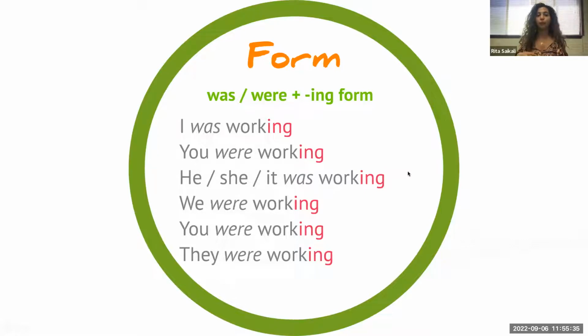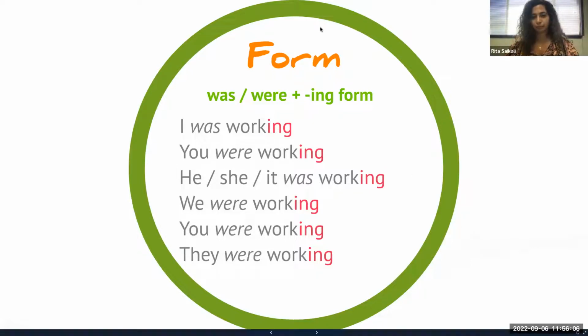So the verb to be in the past is was and were. These are the two forms. So again, we have the subject plus the verb to be plus ing. Same as present continuous, except this time the verb to be is in the past. Does that make sense?